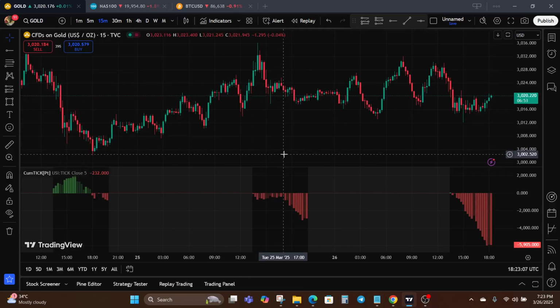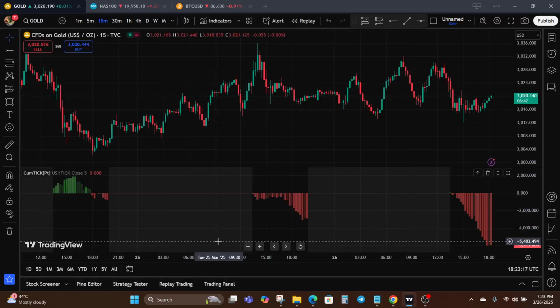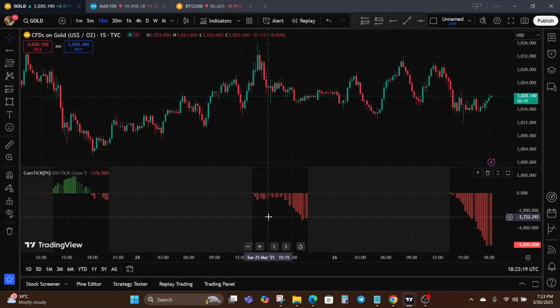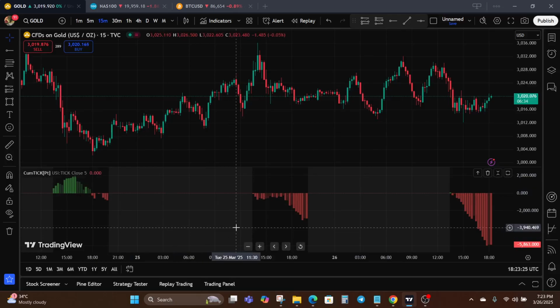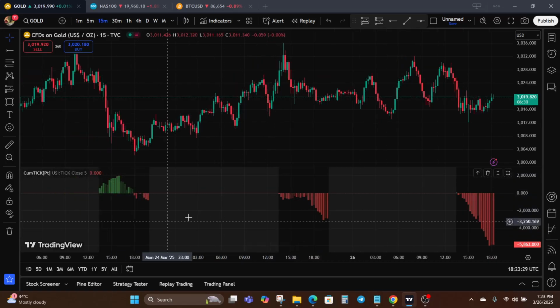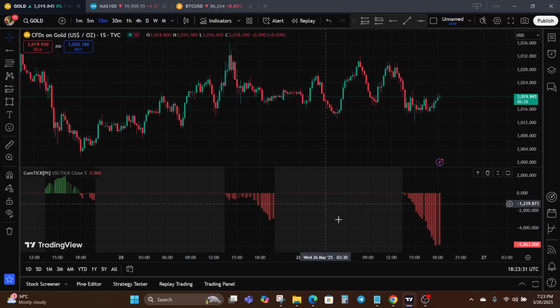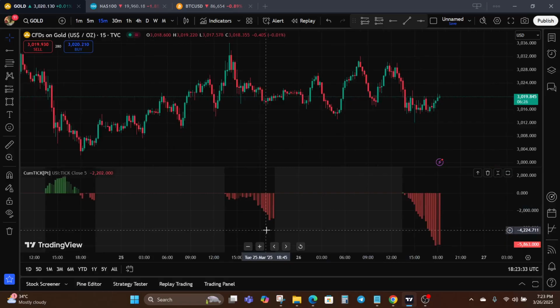The cumulative tick indicator takes all this information and combines it into the indicator display. Whatever form in which the indicator displays on your chart, it combines the necessary information and then displays it, as in this case, as histogram bars on the chart.